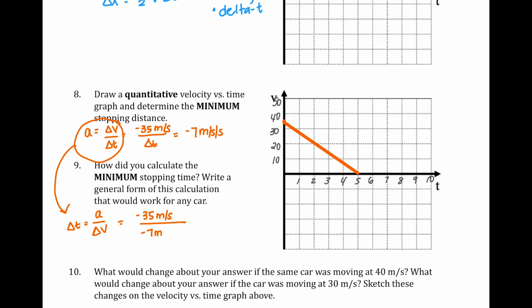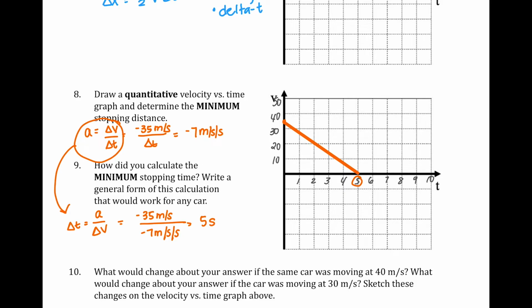So negative 35 meters per second over negative 7 meters per second per second, we have 5 seconds. And so that's where our delta t is. And so we weren't given the time, but we did have enough information.